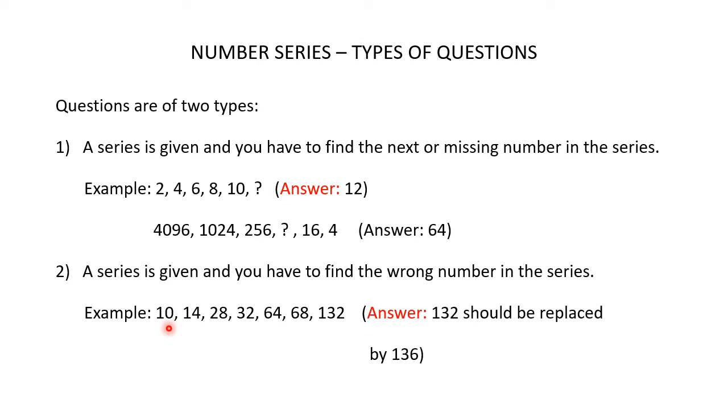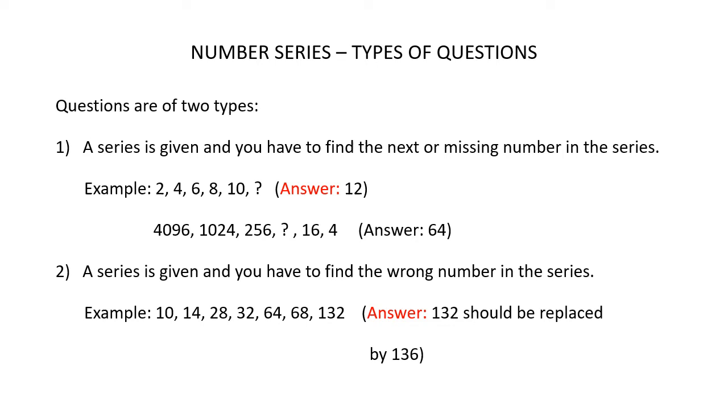Here in the series, 10 plus 4 is 14 and 14 multiplied by 2 is 28. This is the pattern. So next is 28 plus 4 is 32 and 32 multiplied by 2 is 64. 64 plus 4 is 68 and 68 multiplied by 2 is 136, but here it is given as 132.